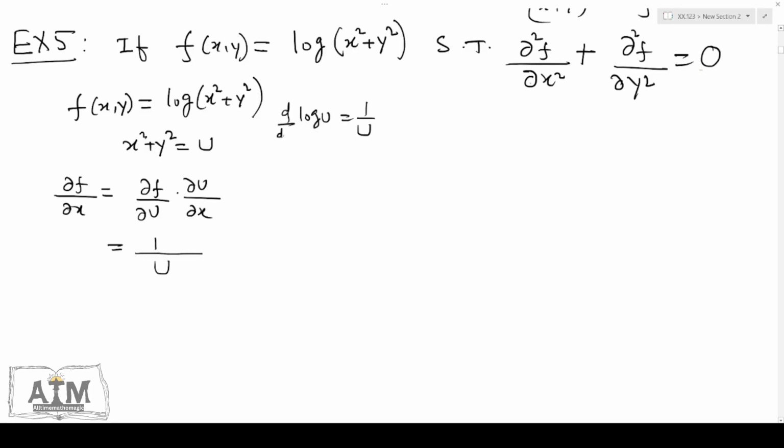So the derivative of log u equals 1 upon u multiplied by dou u by dou x, that is the partial derivative of x square plus y square with respect to x. So this equals 2x divided by x square plus y square.